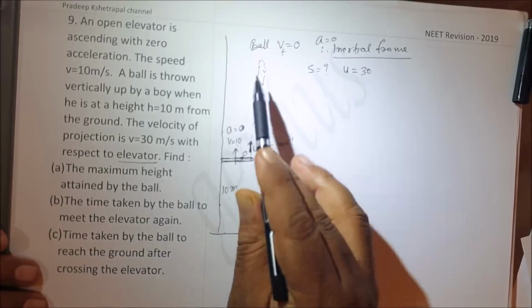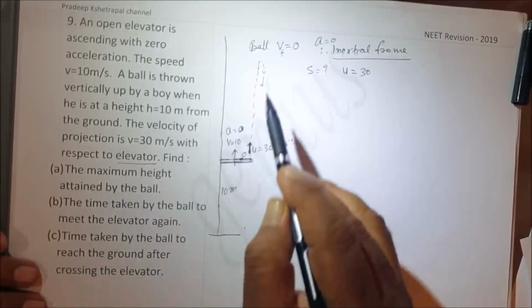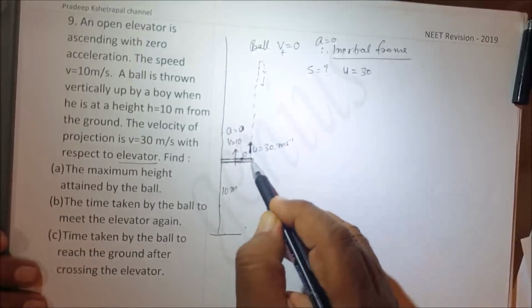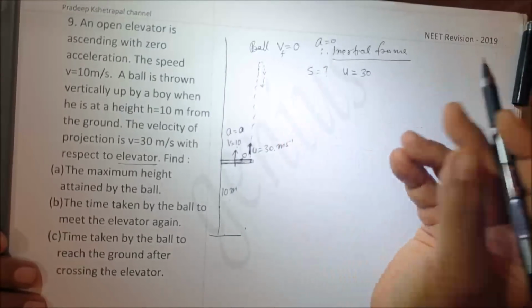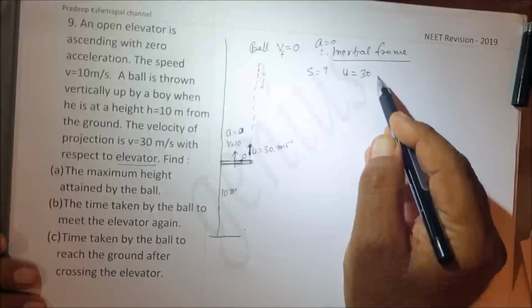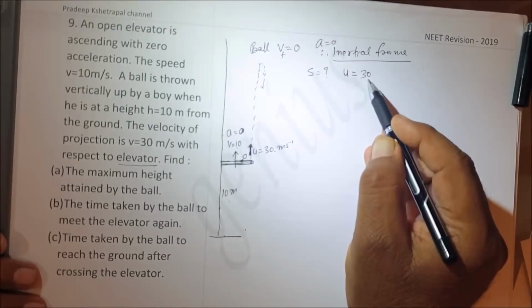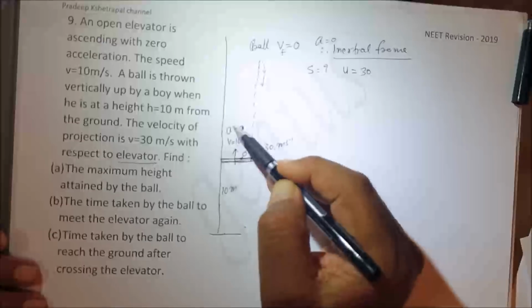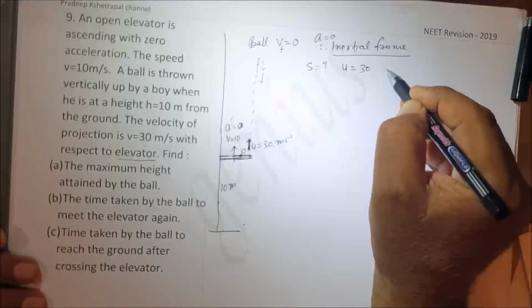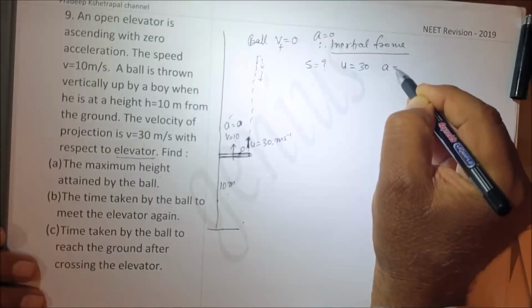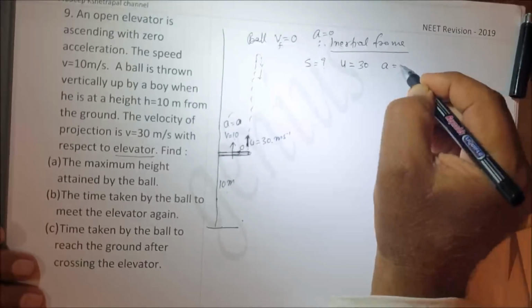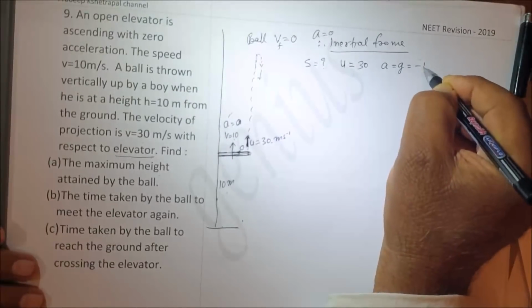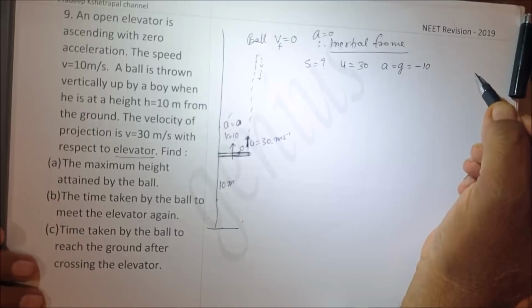It has to go from here and attain a certain height with respect to this. So u is equal to 30 because there is no additional acceleration. How much is the net acceleration? That is only because of the earth, g, and that we take as a round figure, minus 10.